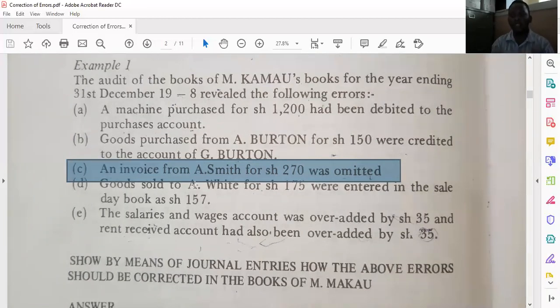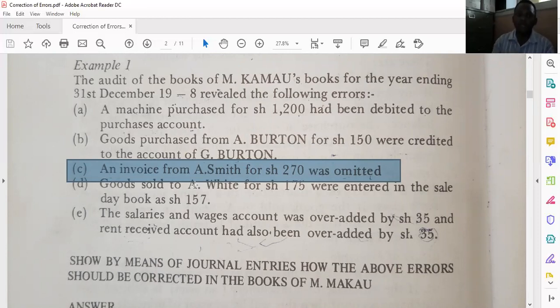The supplier has given us an invoice, meaning that we owe him. We are supposed to pay him the amount indicated in the invoice.